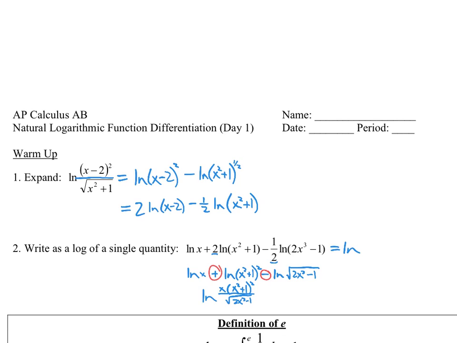Okay? So these three logarithms can be condensed into the natural log of x times (x squared plus 1) squared all over the square root of 2x cubed minus 1. Okay? So that's just a little bit of practice of stuff that we did back in pre-calculus.